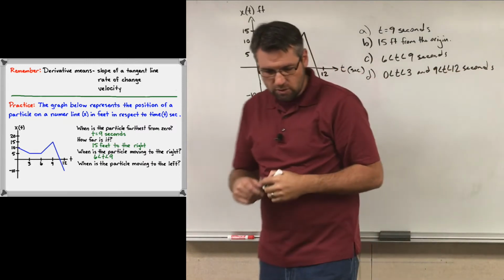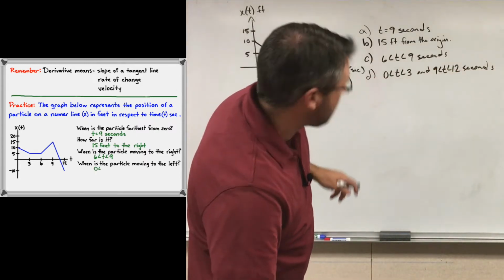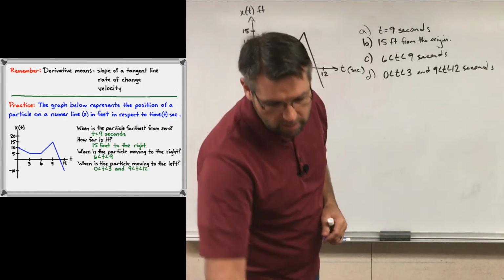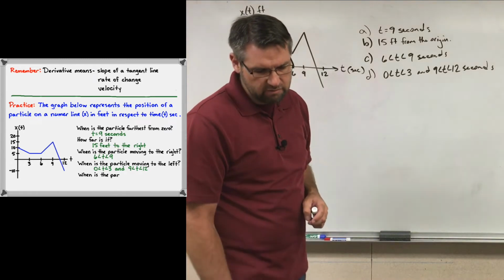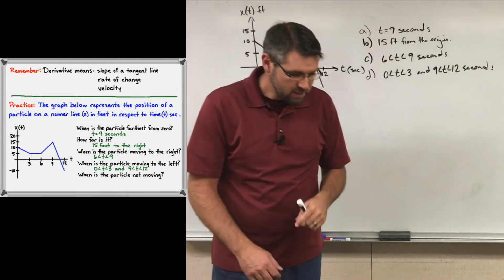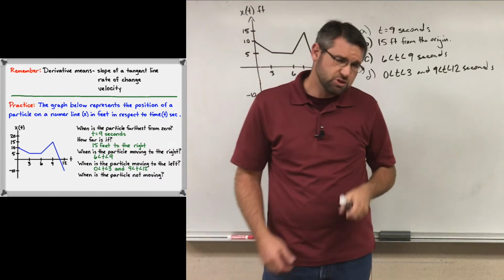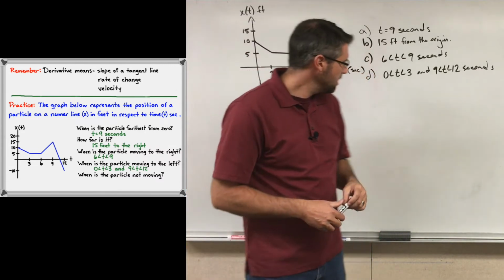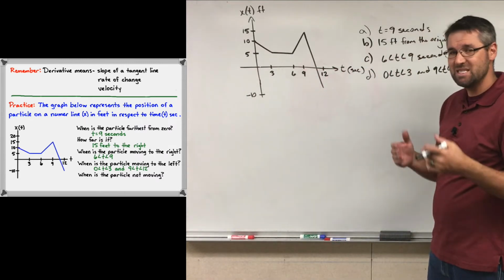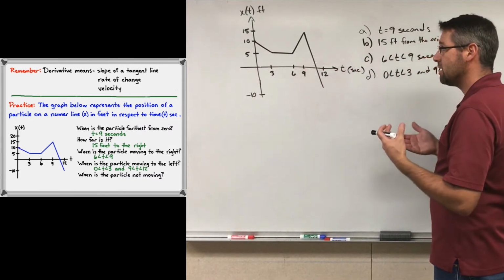So it's moving to the left when you see the graph decreasing. And then the last question here, I believe, says, when is the particle not moving at all? Now this is an interesting argument. When is the particle not moving at all? In other words, when is its position remaining the same?